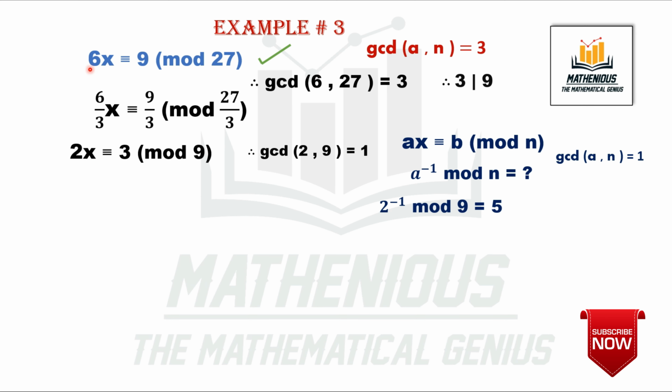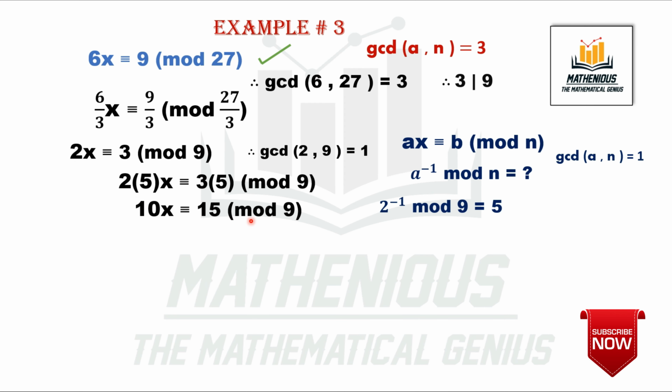Forget about the original congruence for some time, just take this as a basic one. Multiplying 5 on both sides, on the left side we have 10x is congruent to 15 mod 9. The left-hand side eventually makes 1, because 10x mod 9 will remain as x, and 15 mod 9 will become 6 mod 9. So 6 mod 9 is 6, so simply x is congruent to 6.